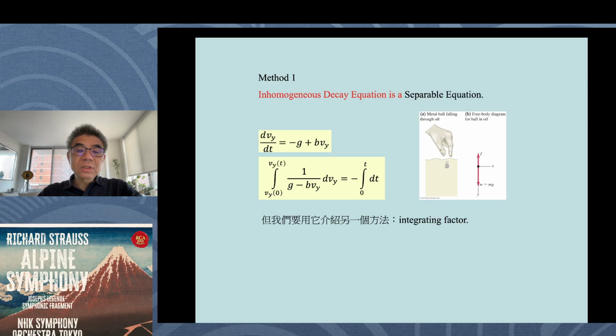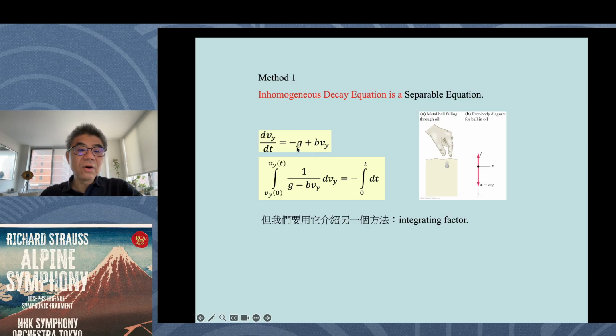Now there is also a method 1. We are going to skip it also, but let me tell you what method 1 is. Method 1 is to recognize that the inhomogeneous equation is actually a separable equation. It's easy to see because the right-hand side consists of only a function of Vy and there's no t.